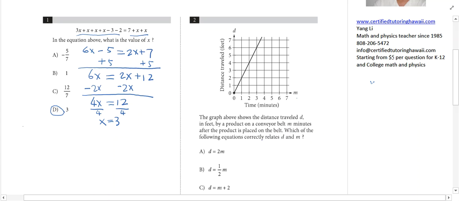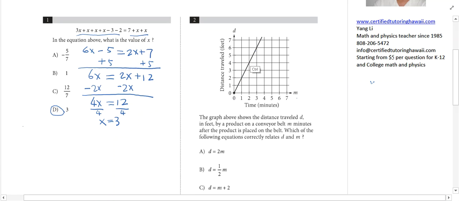Which of the following equations correctly relates D and M? D represents the vertical axis, the y-axis, and the time M represents the horizontal axis. They're trying to build the relationship, or function, of these two. So this line is the function.